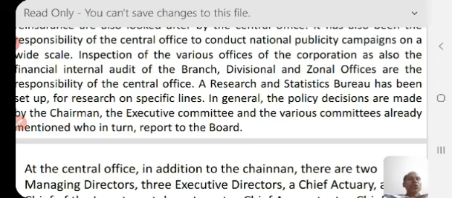A research and statistics bureau has been set up for research on specific lines. In general, the policy decisions are made by the chairman, the executive committee, and the various committees already mentioned, who in turn report to the board. As we have seen, there are various committees to study the different issues regarding life insurance.